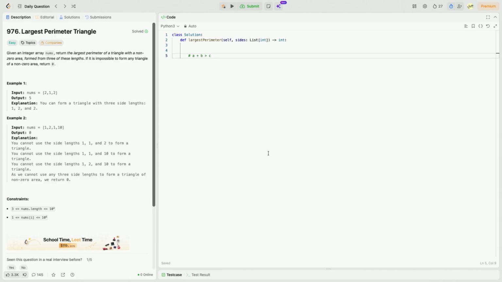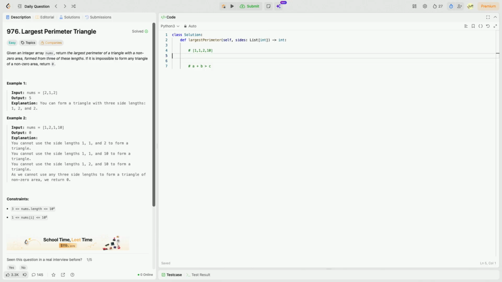And if we assume that the array was in sorted order, maybe if we go through an example, we can find out what a good approach would be. So if we sort them in this order, now what could we do?